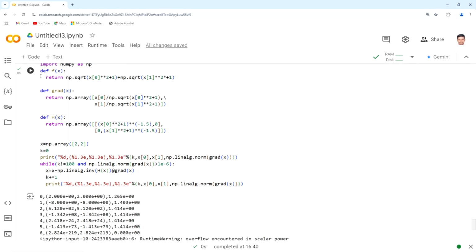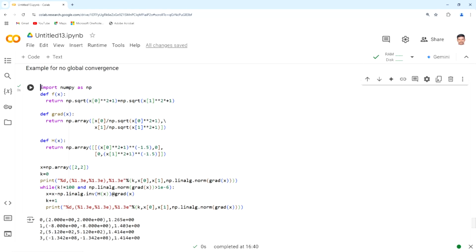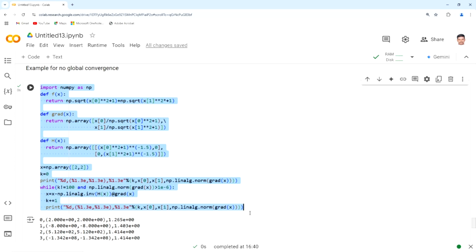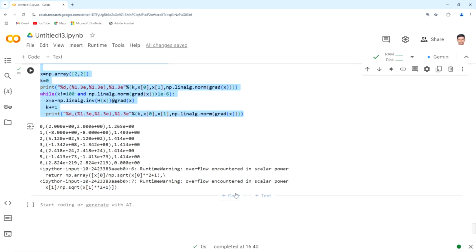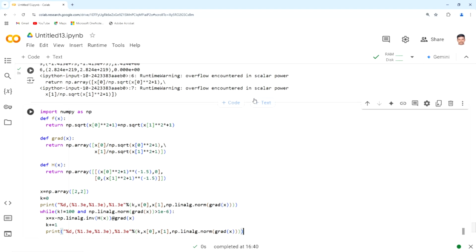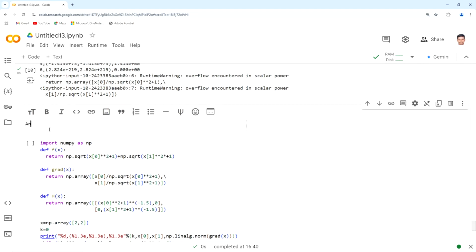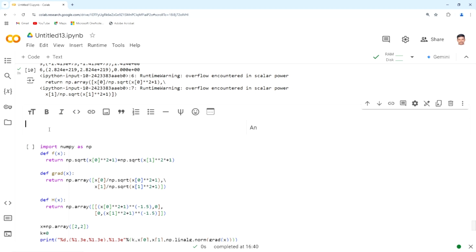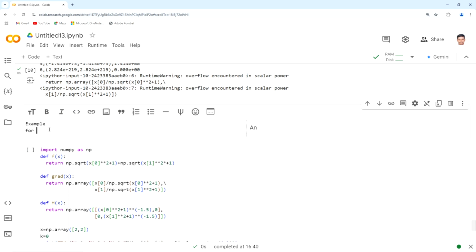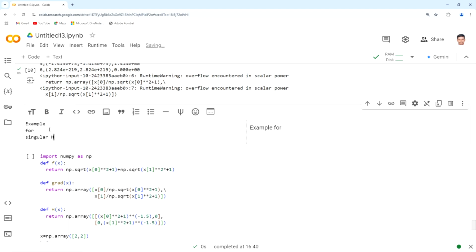Let me just copy down from here. This is an example for singular Hessian.